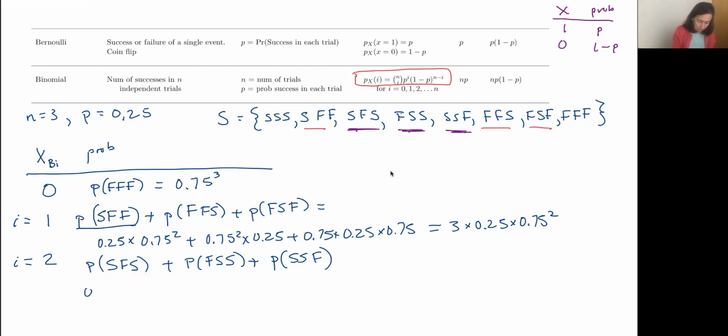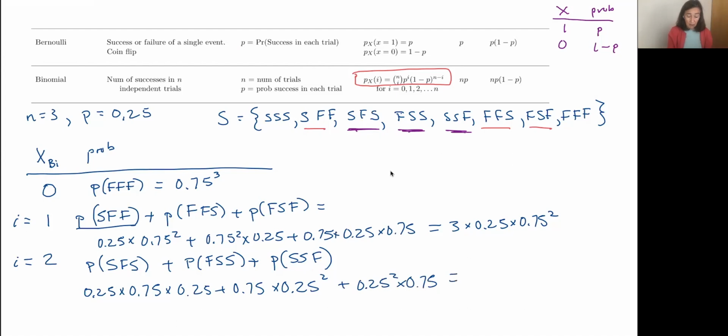The probability of fail, success, success is 0.75 times 0.25 squared, plus the probability of success, success, fail, which is 0.25 squared times 0.75.